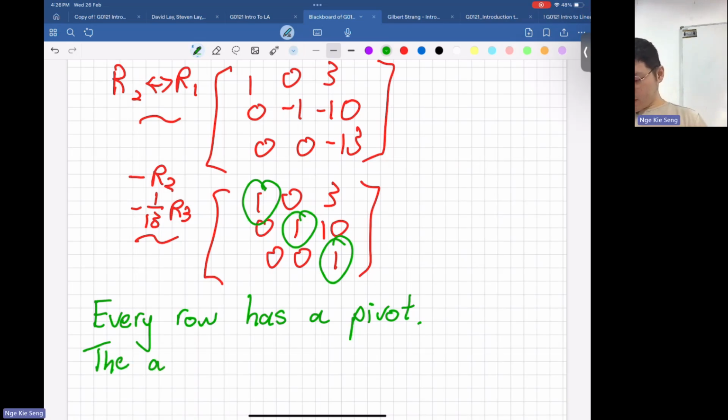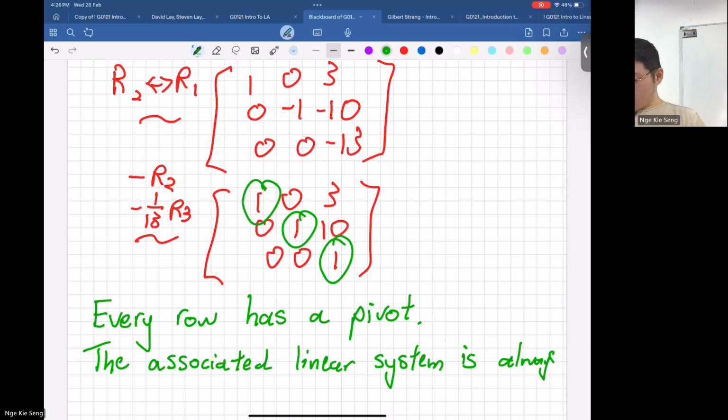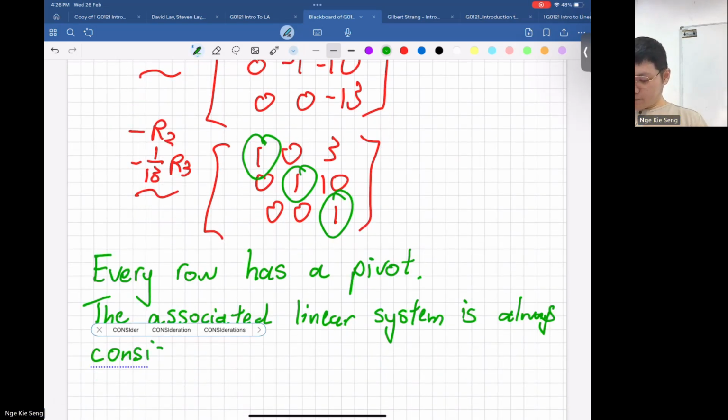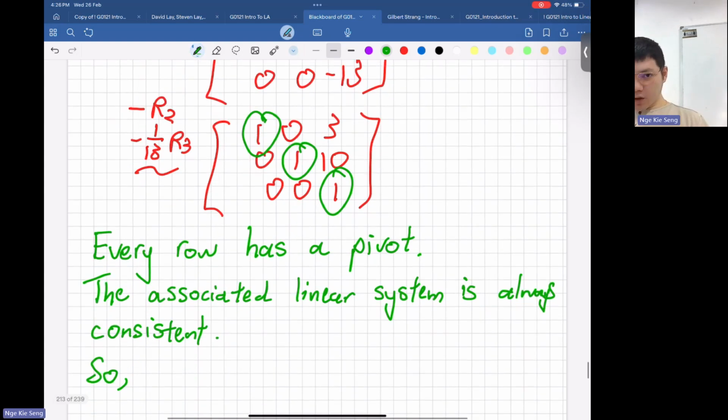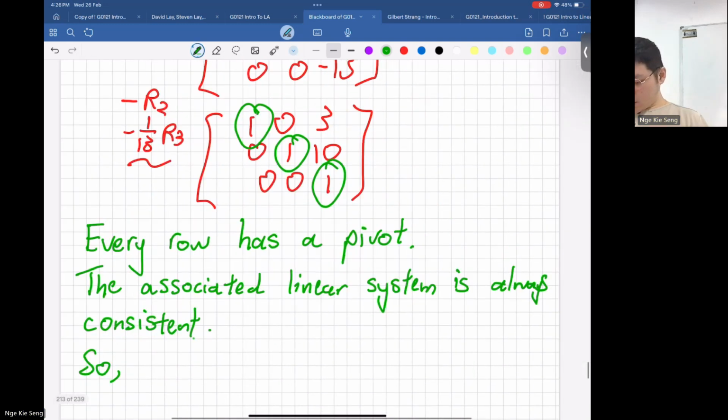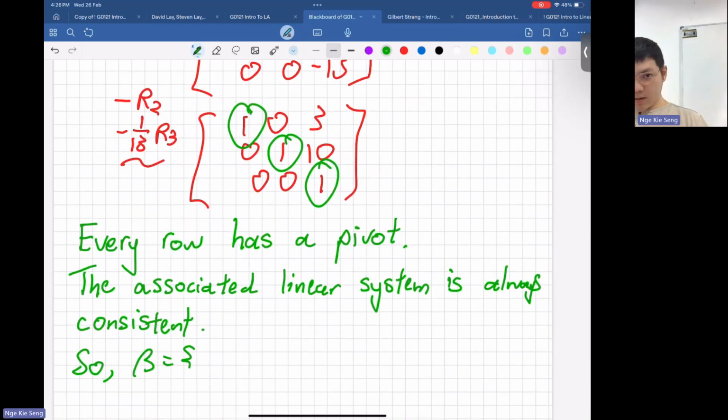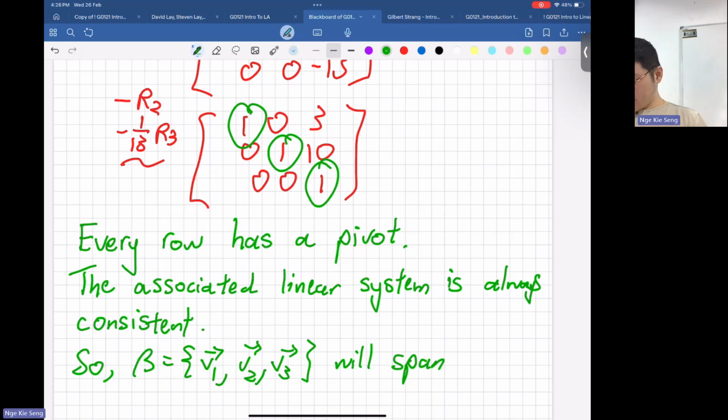The associated linear system is always consistent. So the set will span R3. Why is it true? You don't need to write it in your exam, but why?